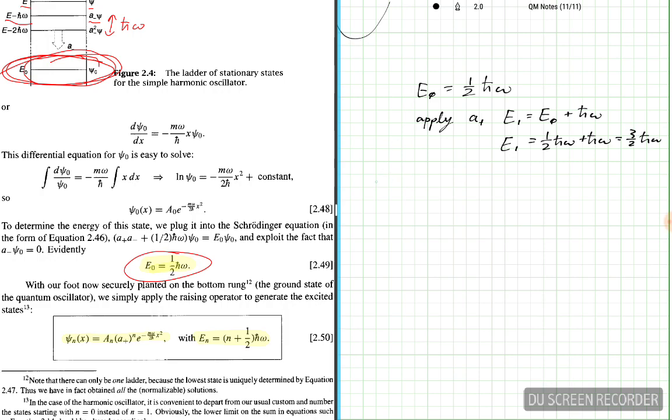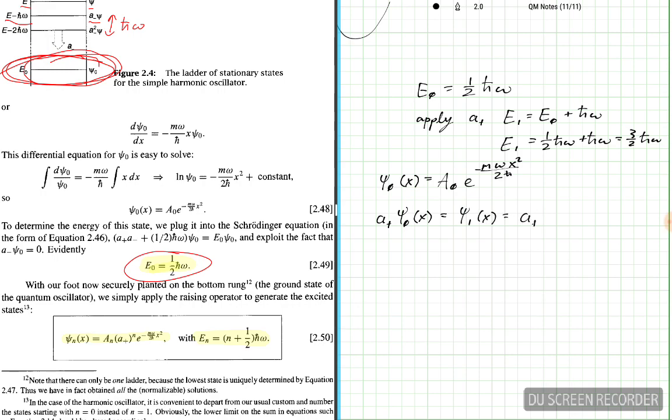Now same with our psi naught here. So we have psi naught, I'll say explicitly of x, is A naught e to the m omega x squared over 2h bar. So A plus operating on psi naught is going to equal psi 1.